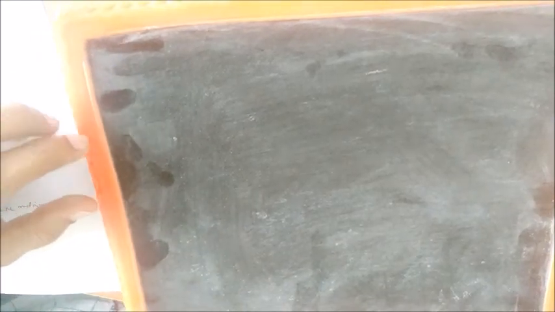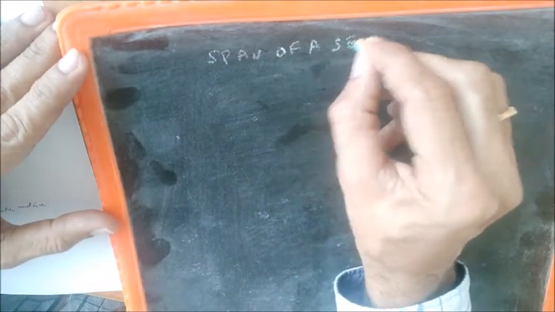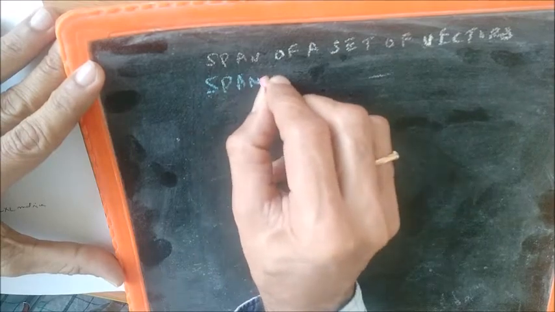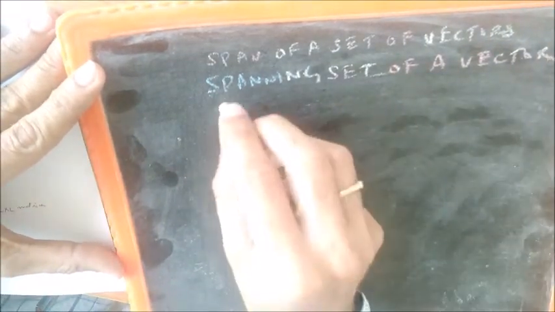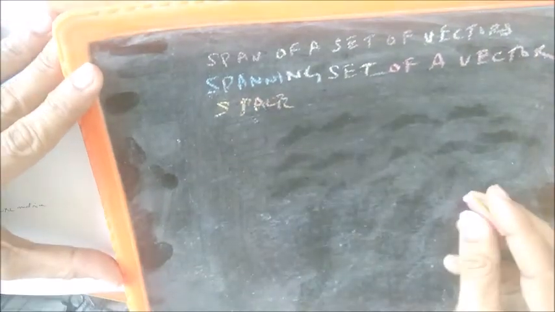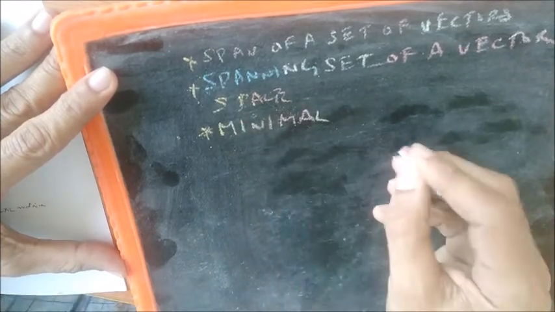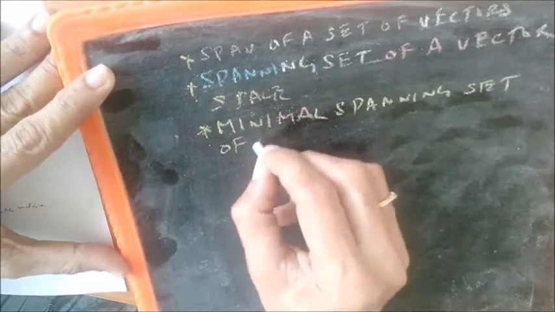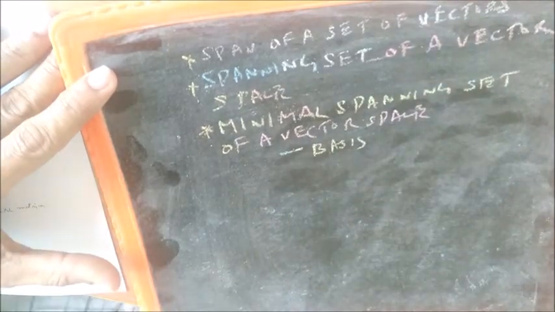So in the previous video, which was uploaded quite a long time back, we discussed the span of a set of vectors, and we discussed what is meant by the spanning set of a vector space, and we ended our discussions in that video with a discussion on the minimal spanning set of a vector space, which is nothing but the basis by definition.